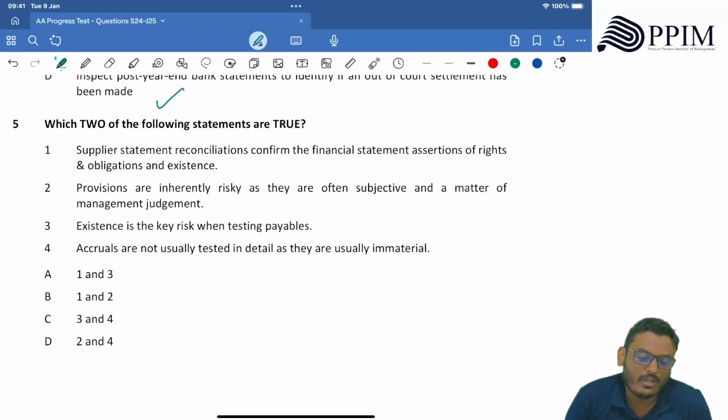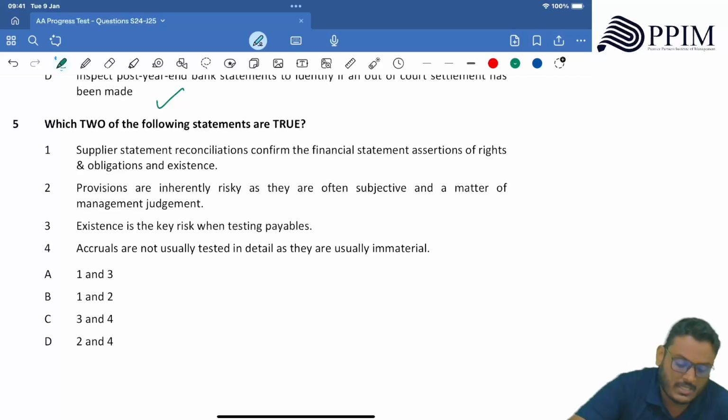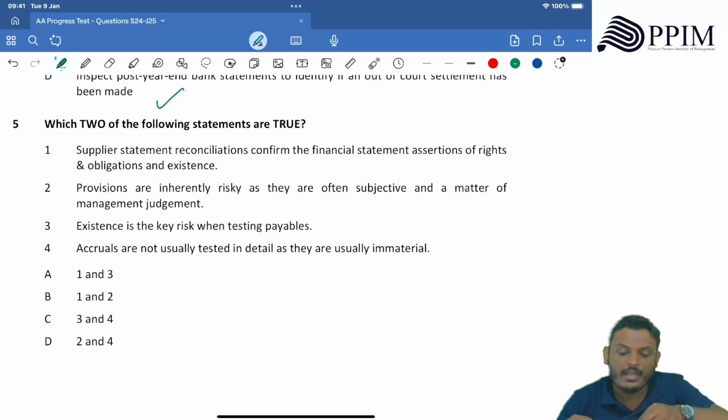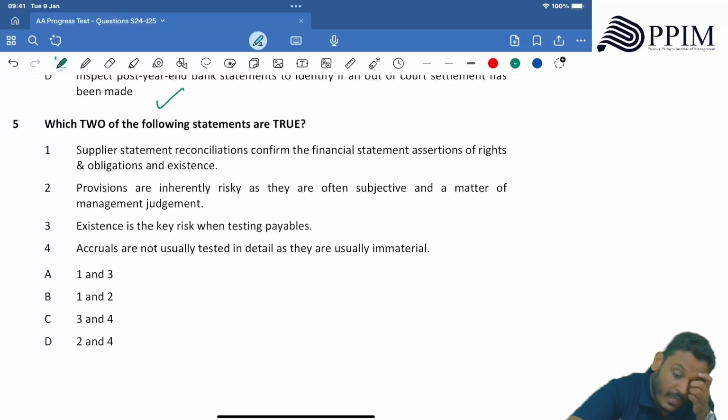Second one, provisions are inherently risky as they are often subjective and a matter of management judgment. Existence is the key risk when testing payables. Accruals are not usually tested in detail as they are usually immaterial. Which two of the statements are true?